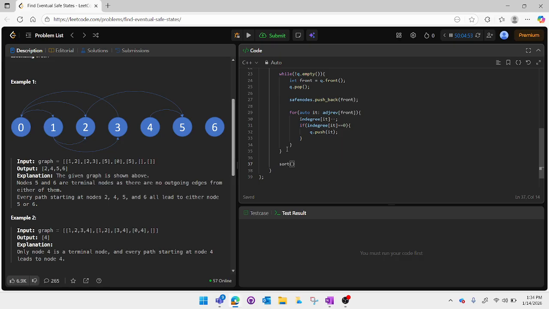After coming out of the queue, I will simply sort my answer and return it.